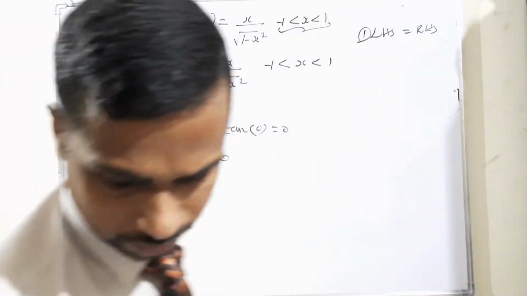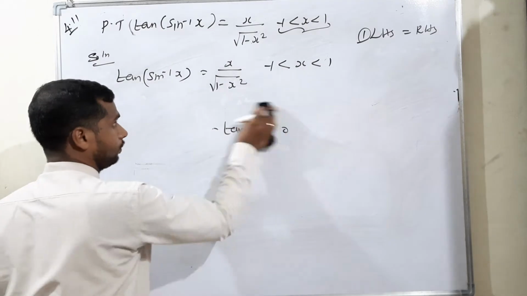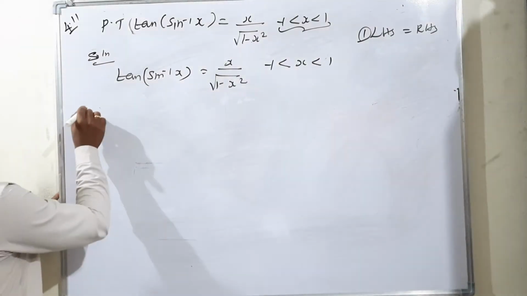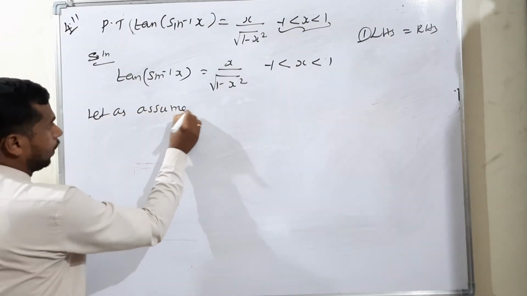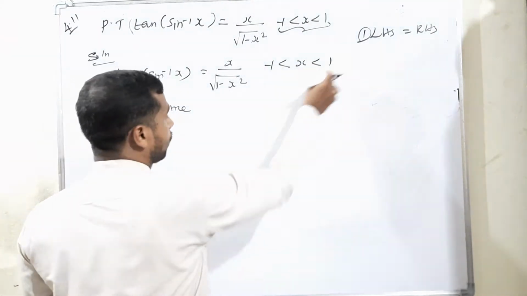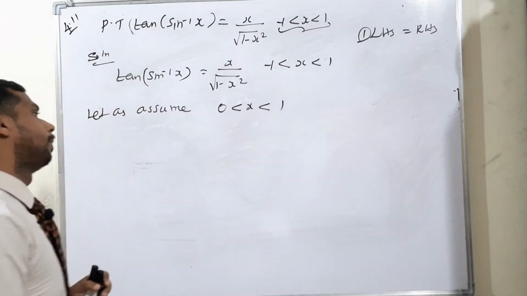Second statement. Let us assume, 0 is over, then 0 to positive 1, 0 less than x less than positive 1. What will happen?